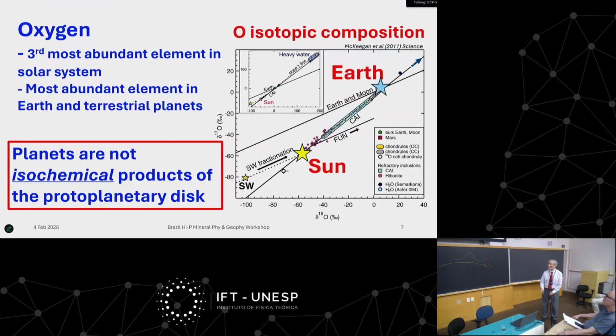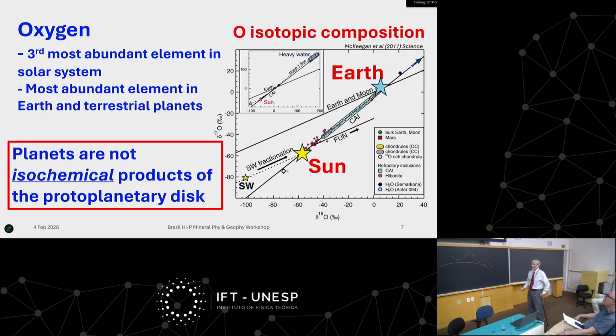Next slide, please. So knowing oxygen is the third most abundant element in our solar system means a lot. And knowing that the isotopic composition of the sun, which is way down here, is a long distance away from the oxygen isotopic composition of this planet. And in fact, you'll see that Mars is right about somewhere there.